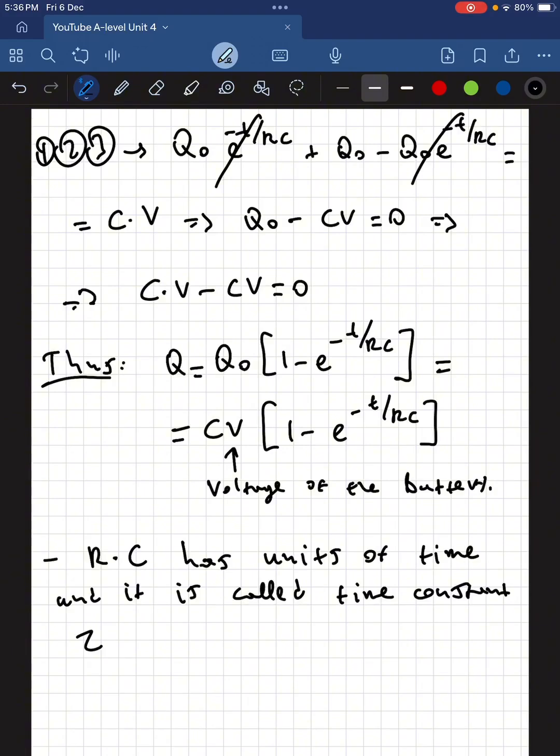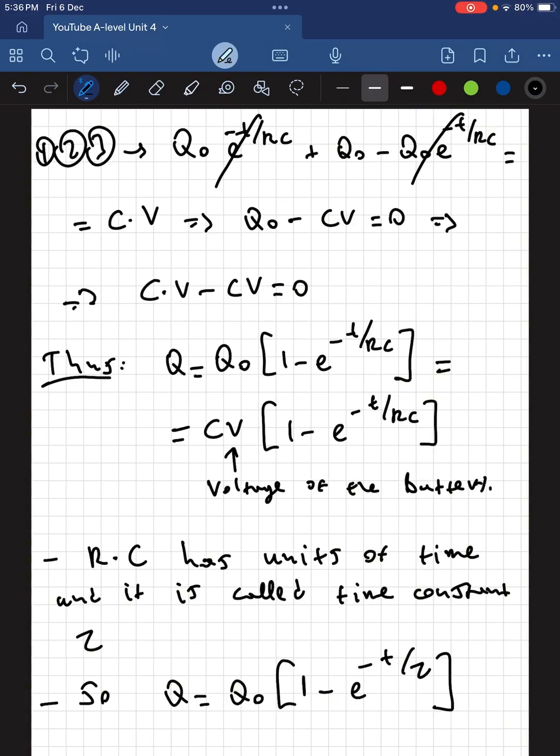This is a Greek tau, the Greek letter. Therefore, if we use that, Q can be written as Q naught times 1 minus e to the minus t over tau. Okay, so this is an alternative form of writing this equation.